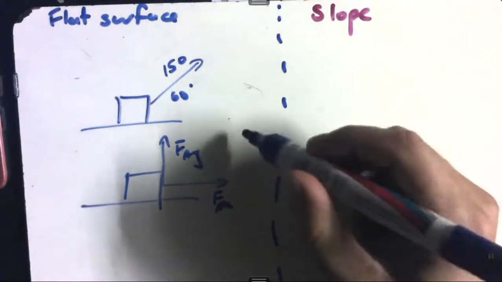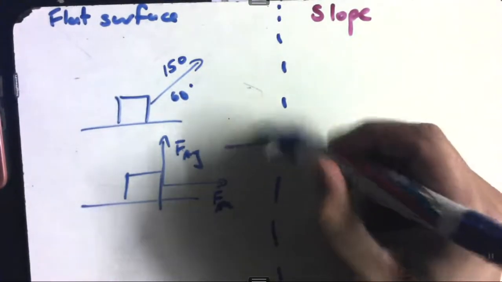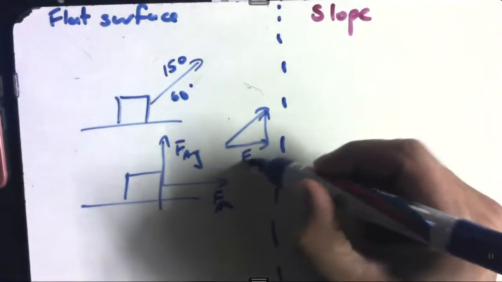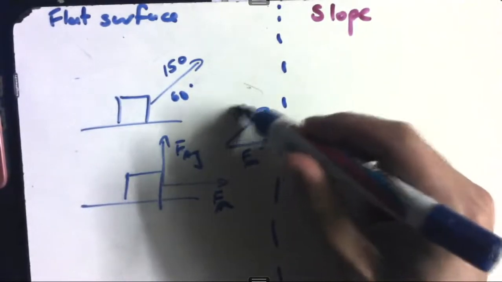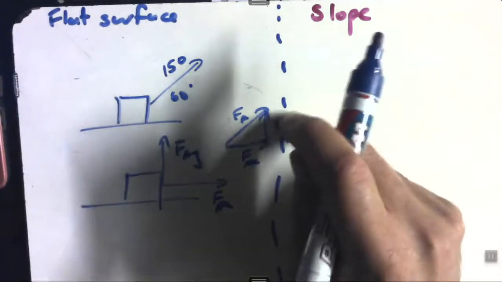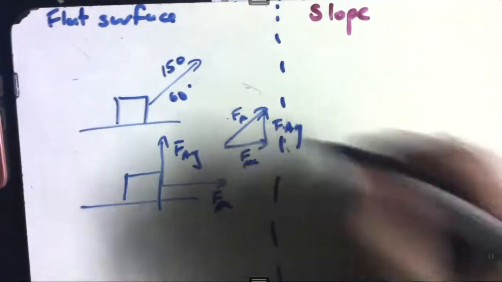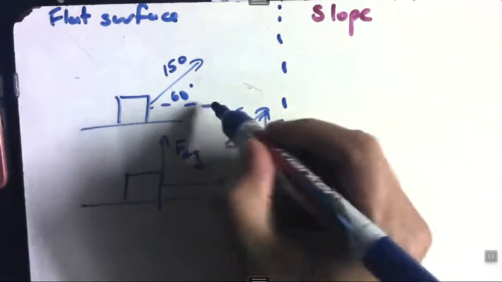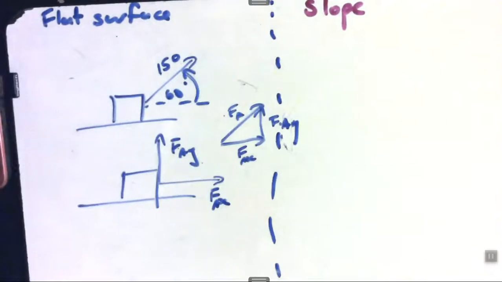We're going to use the trigonometric ratio where we say that this is Fx, Fax, that's the applied force, Fay. Okay, and when we measure something like this, I always try and measure from the x-axis.